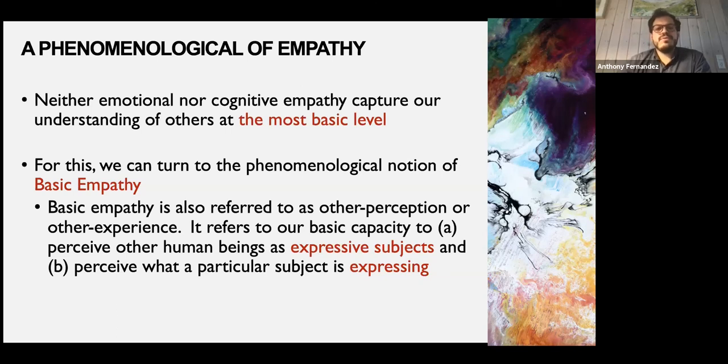And this is something different from both emotional empathy and cognitive empathy. I think it's pretty clear how it's not cognitive empathy because it's not this higher level cognitive function. But it's also not the same as emotional empathy because it doesn't require that you feel with the other person. If I perceive someone else as angry, I don't necessarily have to feel anger in order to understand them as angry.